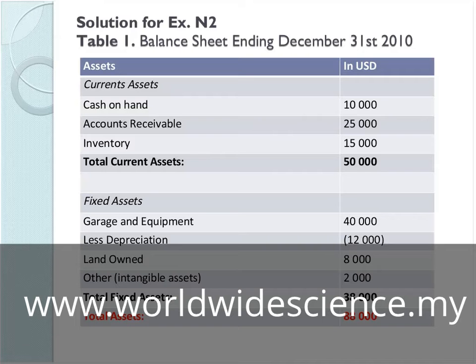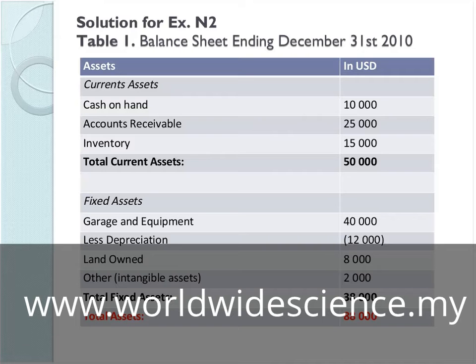Look at depreciation. The less depreciation we should put under fixed assets, actually under the garage and equipment. Some of you just deducted and put the final figure, like 40,000 minus 12,000 would be 28,000. This is not correct. You must always put the accounts in the balance sheet in the terms that are given to you.